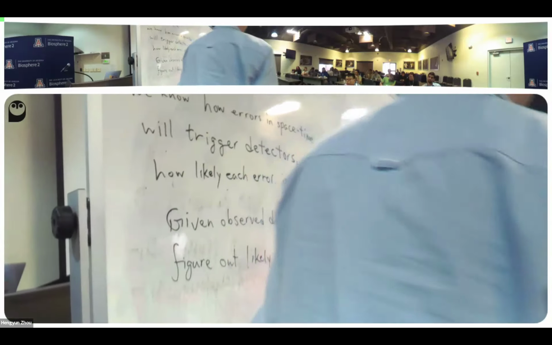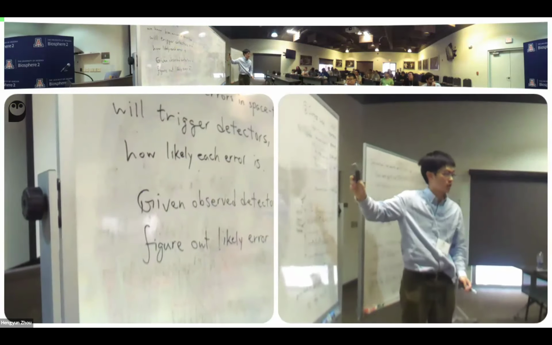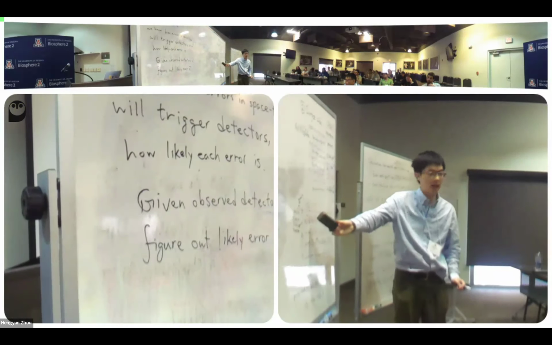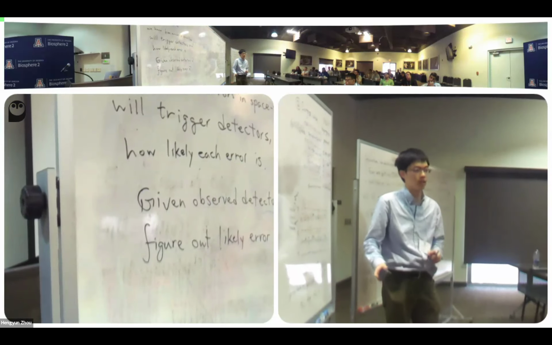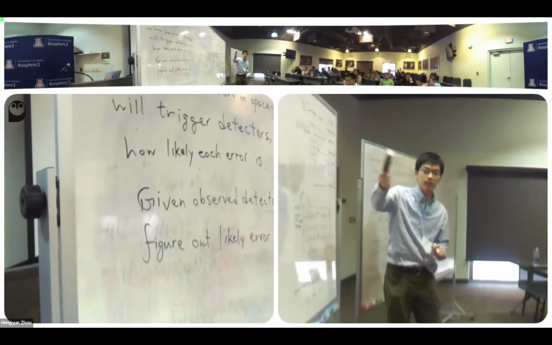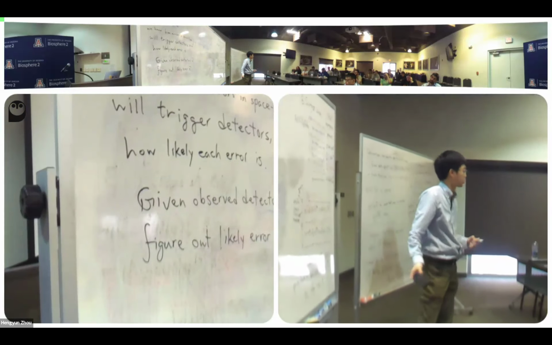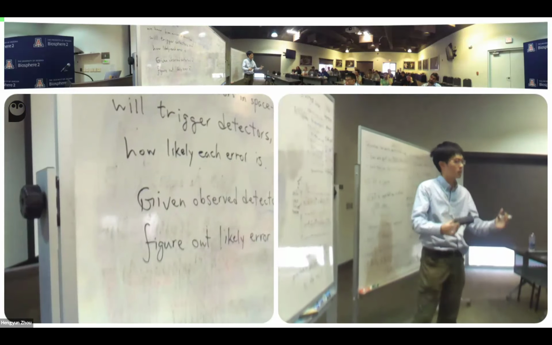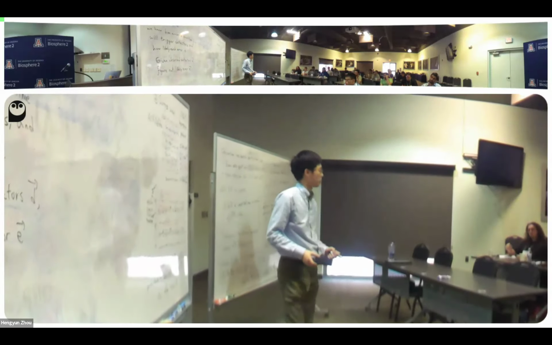So now E, instead of being just an error on each physical qubit, will be an error on a given physical qubit at a given time location. And so you'll see that this formulation is almost the same as our usual code formulation, but now we're directly doing it for the actual circuit that we're doing syndrome extraction on.